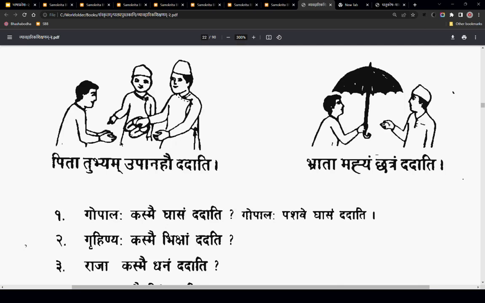Footwear. So it's a pair of footwear. Upanaha. If somebody has the Shabda Manjari or Shabda Kosha or whatever dictionary, can you find what is the Pratipadikam of Upanaha?